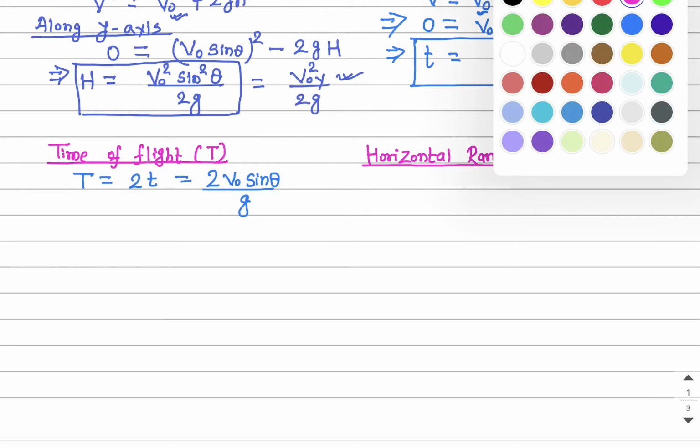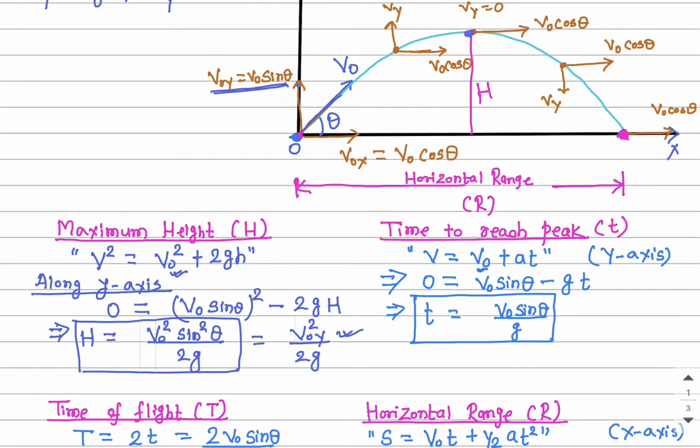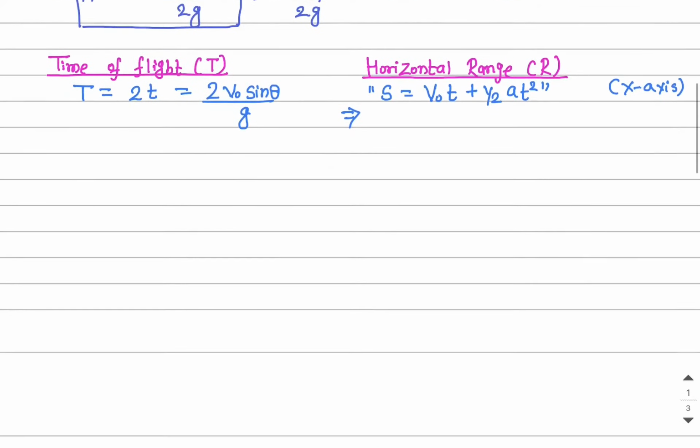In order to calculate that, we're again going to use the kinematic equation, and this will be along the x-axis, because our motion in this case is along the x-axis. So let's use this equation. In this case, the distance s is the distance from this point to this point, which we call the horizontal range, or denote by R.